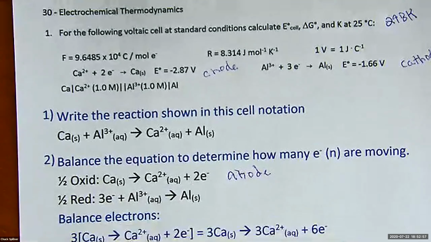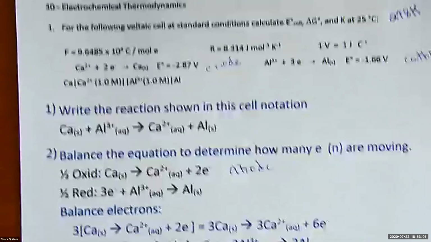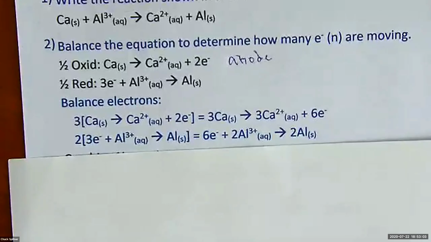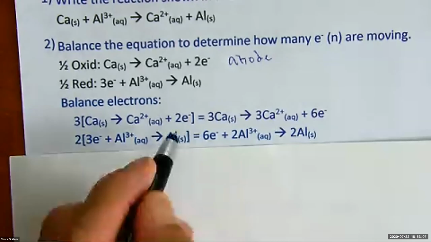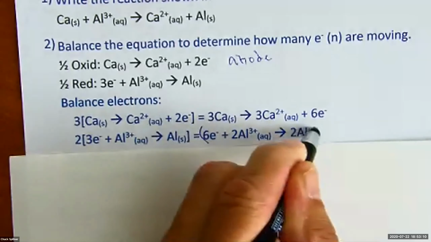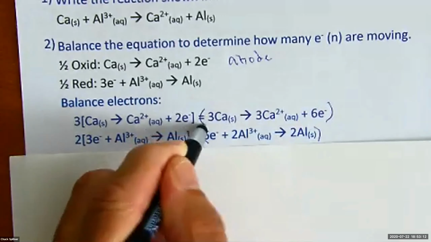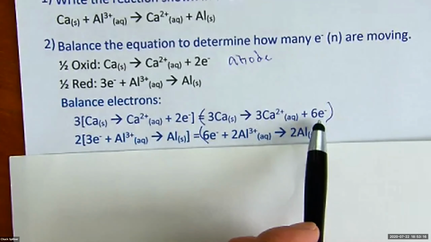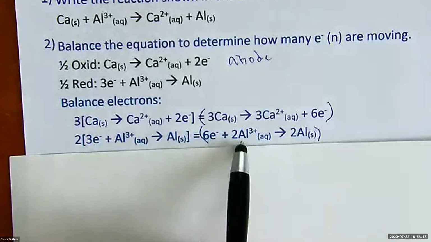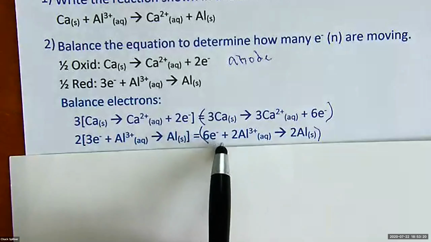That's what I did in the next 2 lines. There we go. And we can see right here, this is what we're after. We have 6 electrons being produced by the calcium and 6 electrons being picked up by the aluminum.